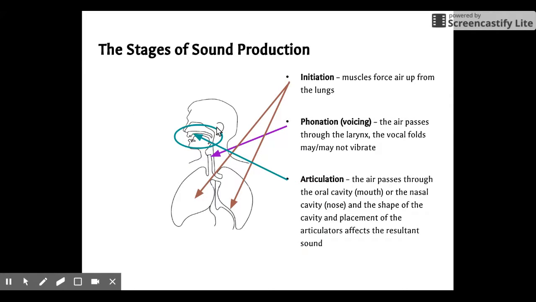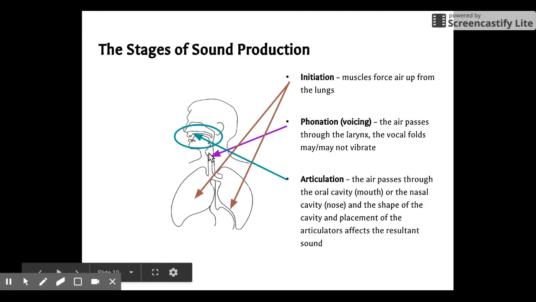There are three stages of sound production. First is initiation: the airstream is initiated through the lungs. The lungs push the air, and then in the phonation stage, the air is pushed to the larynx. The larynx has vocal folds, and these decide the voicing property of the sounds produced.